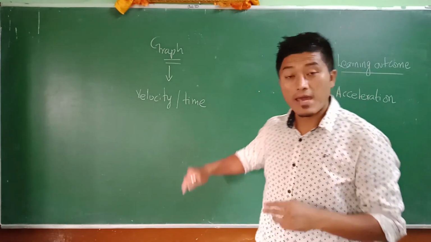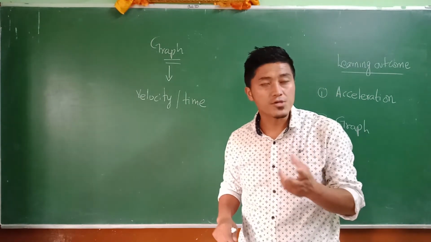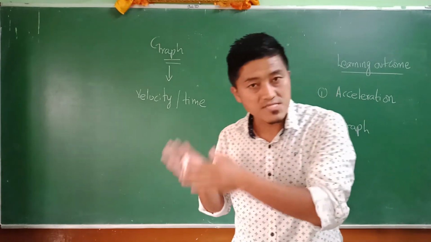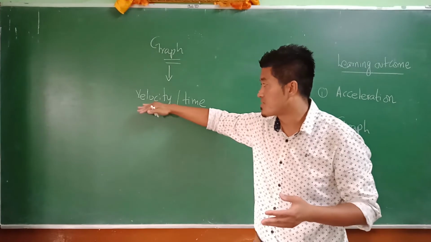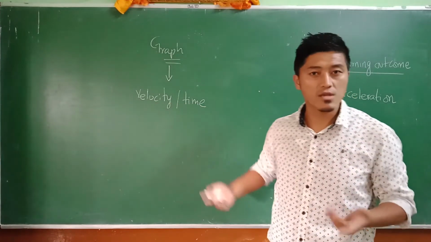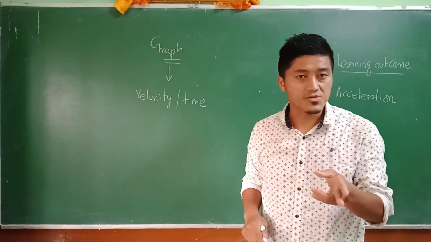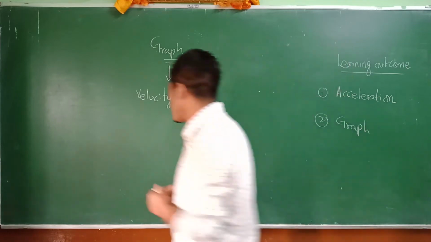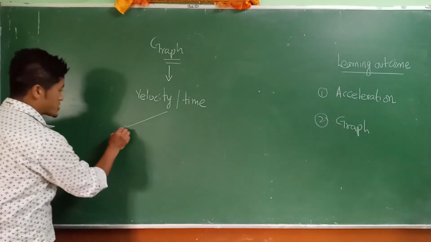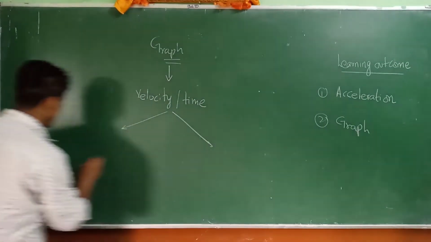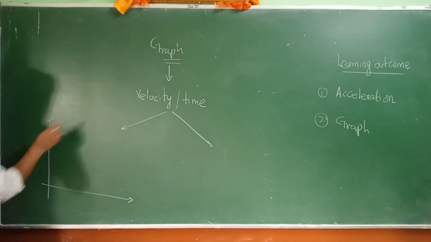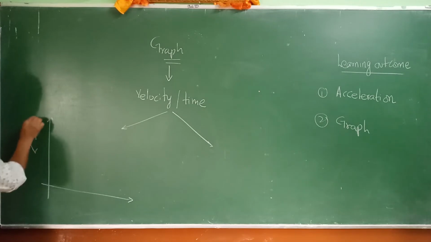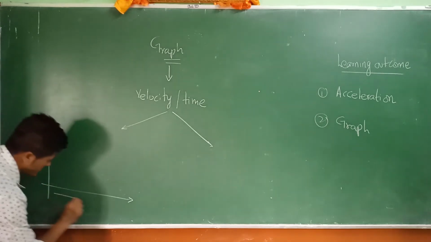In the case of acceleration, we talk about the change in velocity with time. So here there are two physical quantities, velocity and time, and naturally we will be talking about acceleration. There are two kinds of graphs we can draw here. Graph number 1: this is the velocity, and this is the time.